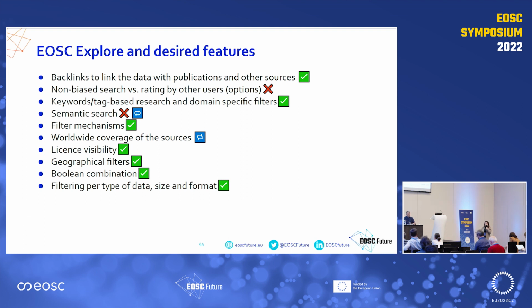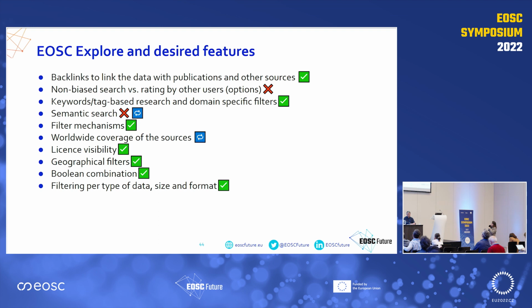It's a very complex technology that is also in the minds of the developers, but at the moment it's not possible. So what you can find in the EOSC Explorer is an ontology search, not a semantic search yet. But this is going to be in a long-term plan.